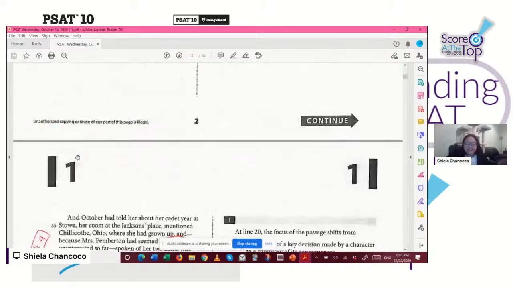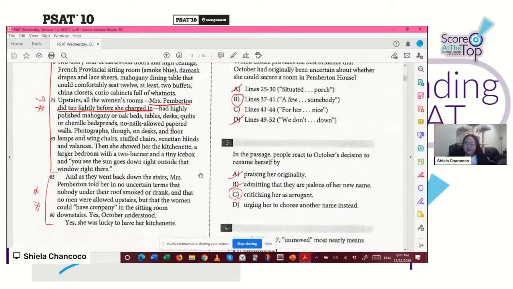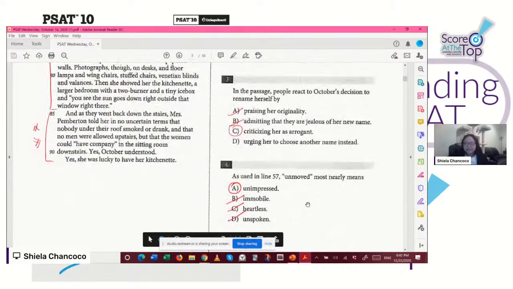They're criticizing. Looking at the answer choices, is it praising her originality? No, they were against it. Admitting that they were jealous? Nothing said about what they were feeling. But they definitely were criticizing her as arrogant. So that's number 3. All right, let's move on to number 4.